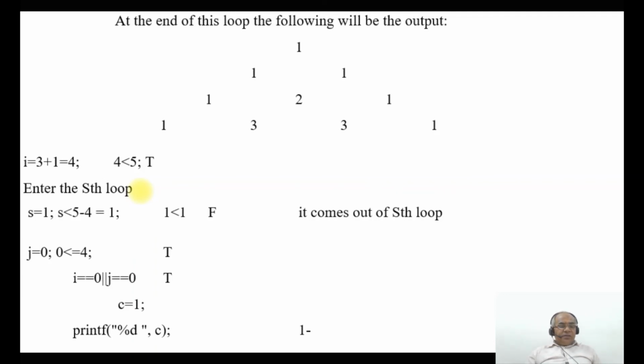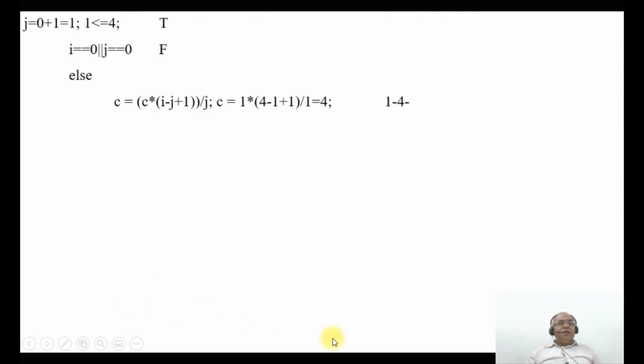J is equal to 0, is 0 less than or equal to 4, the condition is true. Here I is equal to 4, j is equal to 0, the condition is true because j is 0. C is equal to 1, it gives 1 space. Then j is equal to 1, 1 is less than or equal to 4, the condition is true.